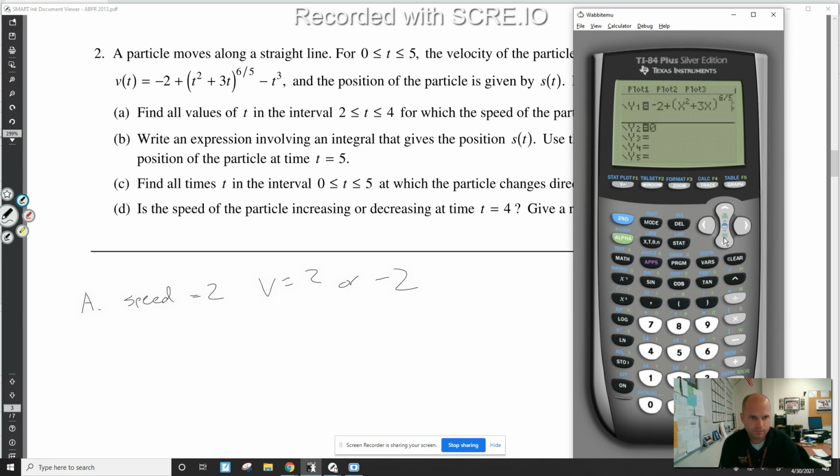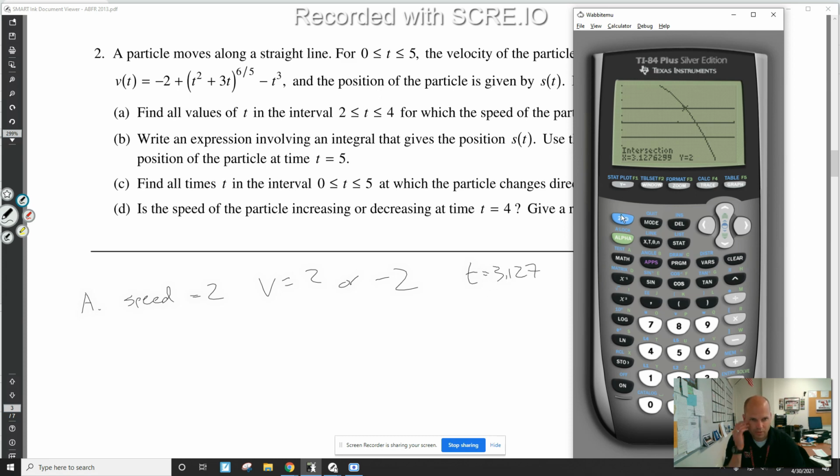Graph y equals 2, y equals negative 2. You can do this one at a time. If you know what you're doing, you can do them both at the same time. Boom, there's 2, there's negative 2. Second calc, intersect. Enter, enter, enter. We got t equals 3.127.